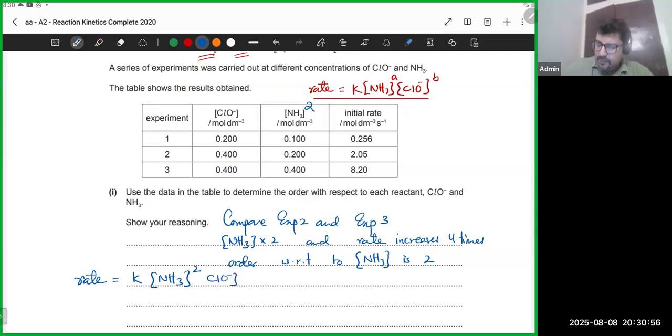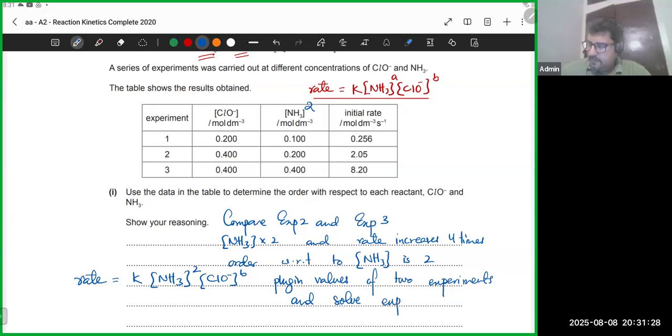ClO⁻ we don't know what it is, so that's B. So what you can do is plug in values of 2 experiments into this rate equation and solve simultaneously.